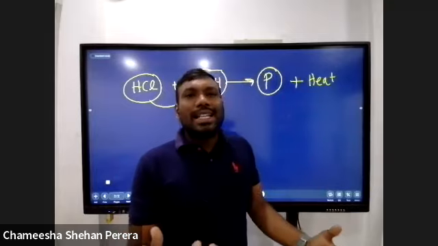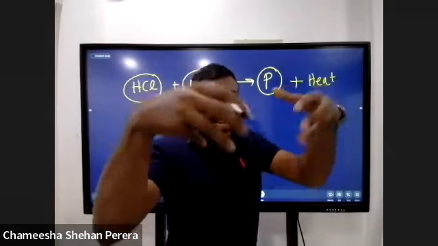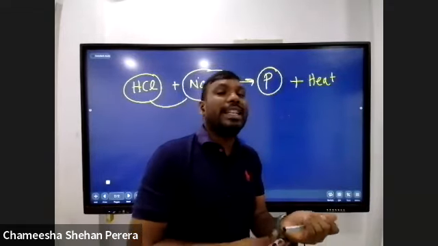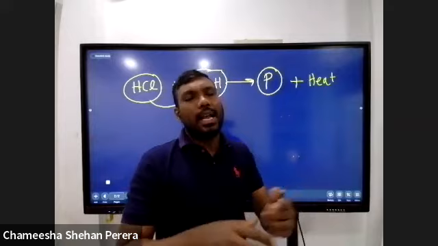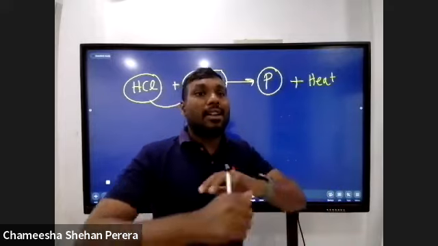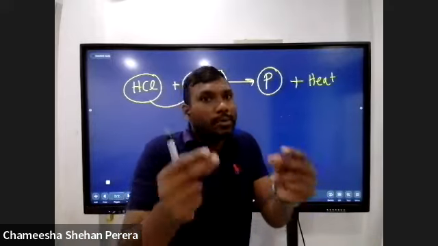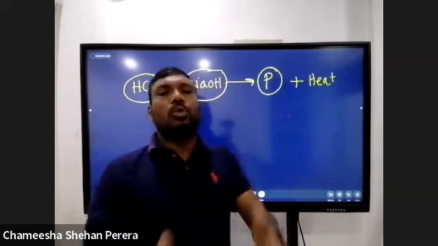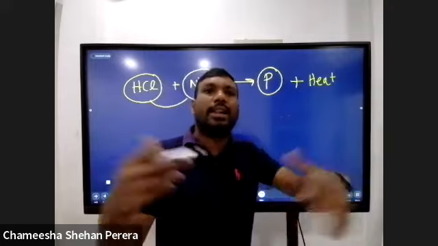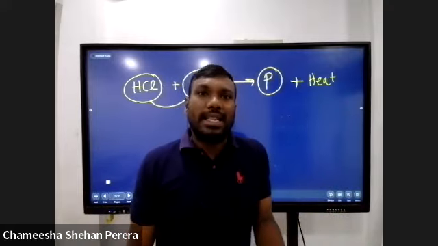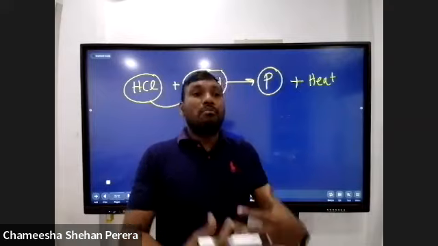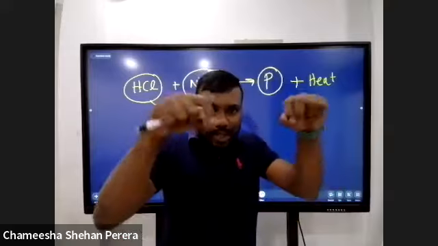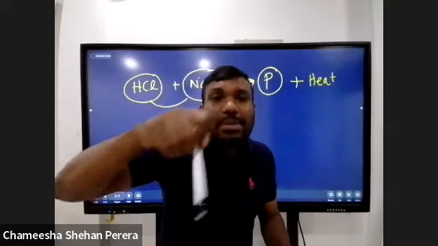So you can't assume that once you add them together, each HCl molecule will meet all the sodium hydroxide molecules at once and start getting reacted. No, it will not happen. Molecules meet one by one and they will not be reacting together at once. So then what do we have to do? We have to make them meet each other very rapidly. For that, once you add the two solutions, you need to start stirring them.